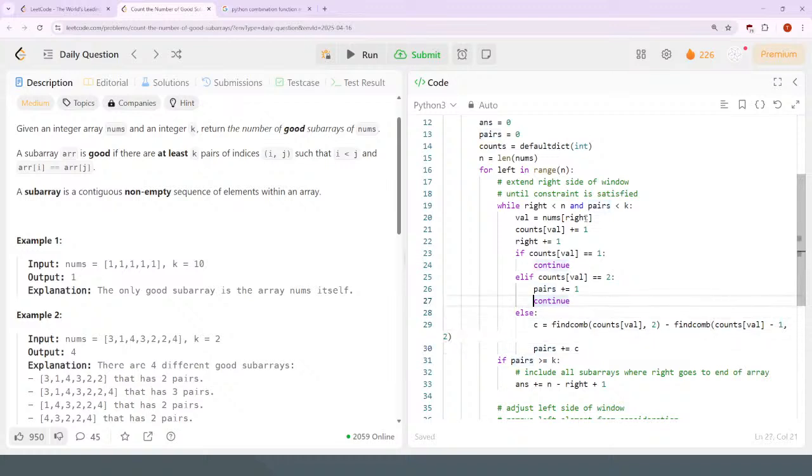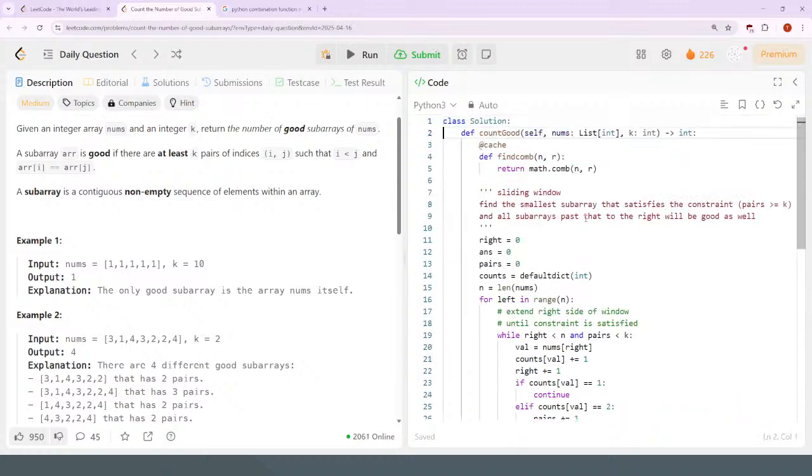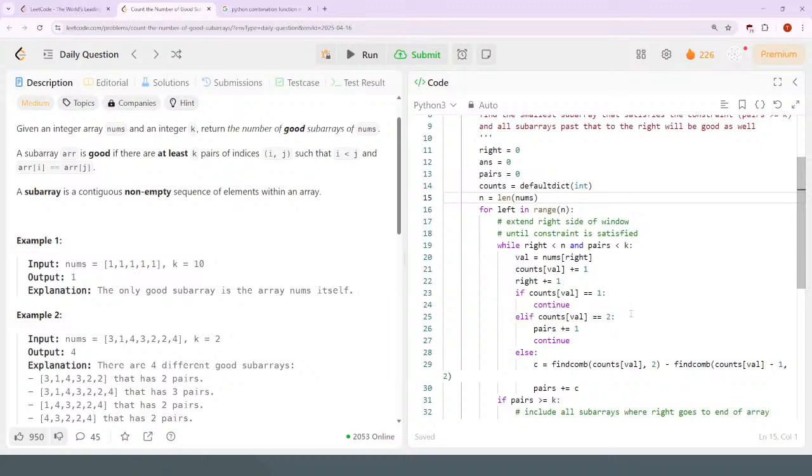So if it's 3, then maybe you can do another if statement there. I wonder if this is actually any good. I mean, caching the combinations should be pretty fast in terms of later calls.